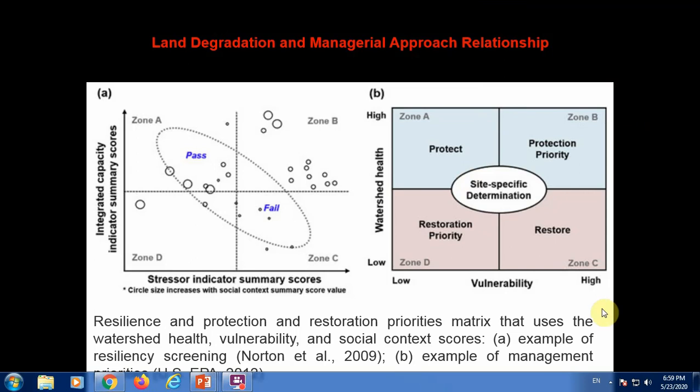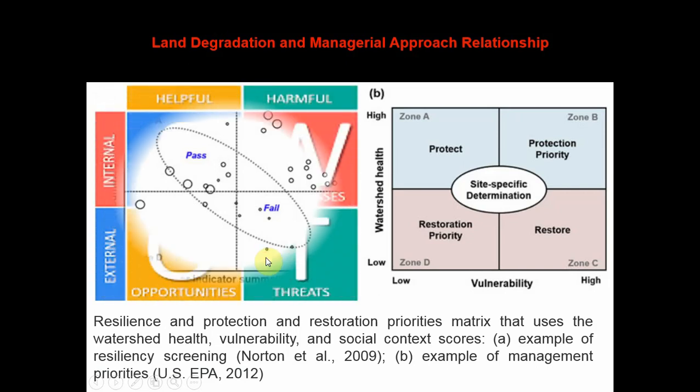Here you will see that vulnerability of the system and vulnerability of the watershed, in combination with watershed health, give us 4 different zones named Zone A, Zone B, Zone C, and Zone D. And these zones are taken to the people who are the main beneficiaries of the decisions at the watershed scale and help us to properly decide what type of approaches have to be applied and what type of approaches have to be practically used.